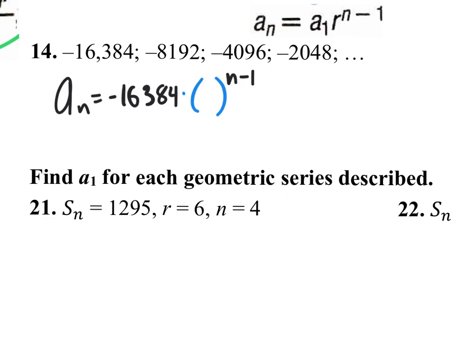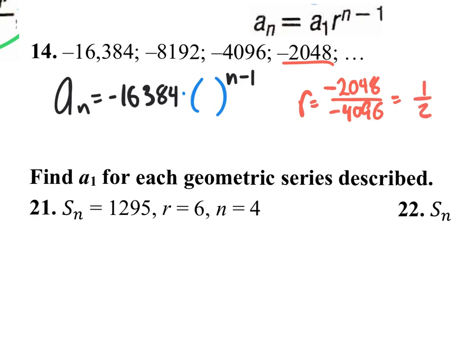Again, you take a number and put it over the previous number. Okay, so take this number and put it over the previous number. It's this number divided by this number. And if you take the negative 2,048 and divide it by the negative 4,096, you will see on a calculator that the common ratio, because this is a common ratio after all, is positive 1/2.